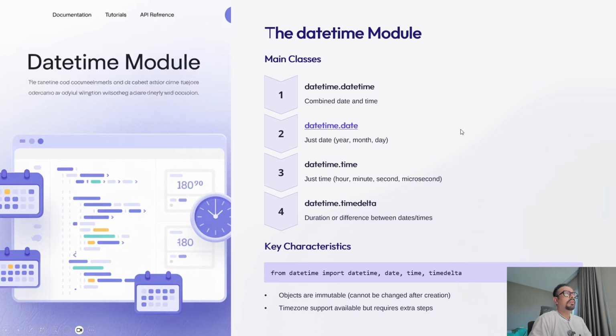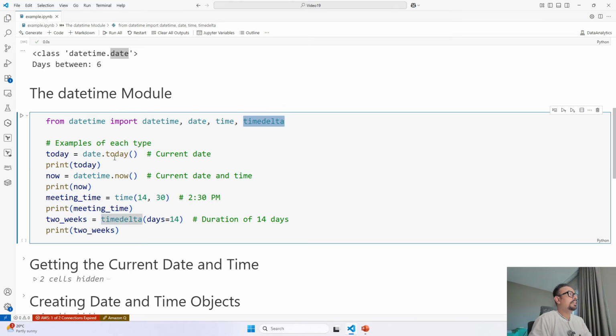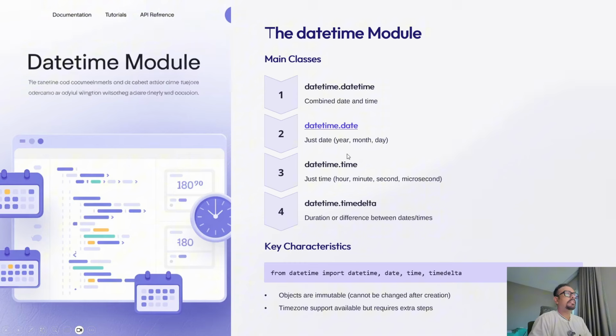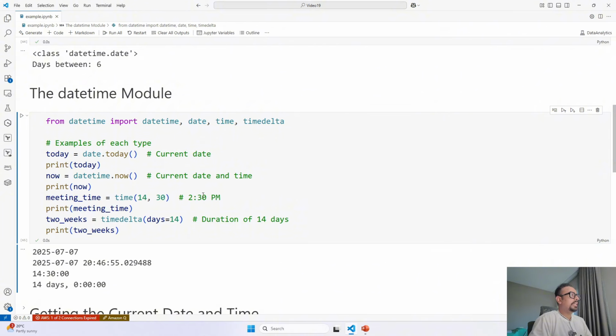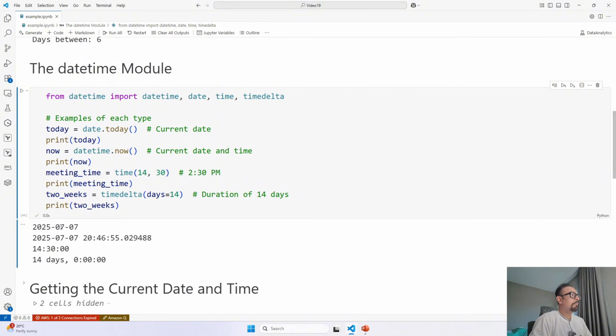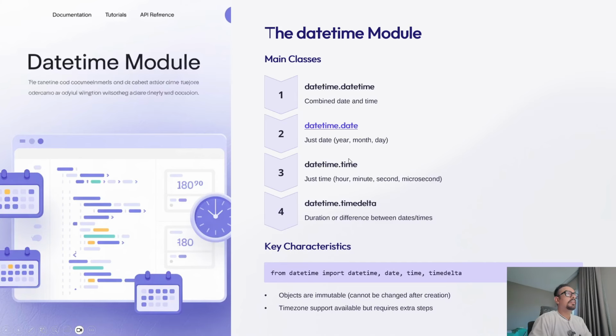Our first example is going to be only date, that is just year, month and day. When I go ahead and run this, it is going to return the date, that is year, month and day, in the same format.